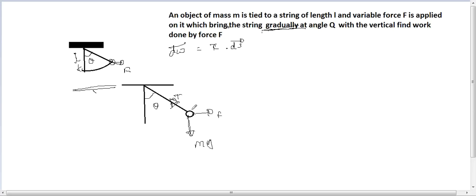So if we knew the tension T and mg, then we could easily calculate the force by balancing.